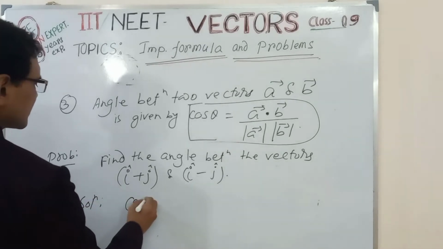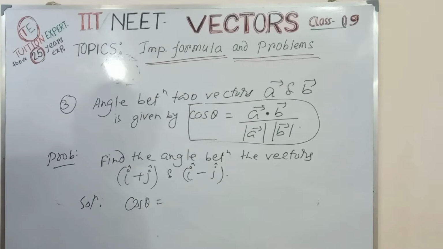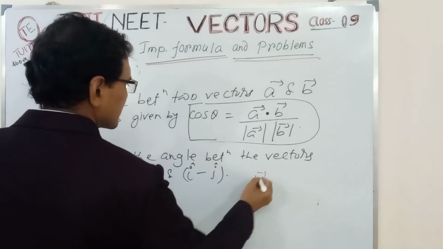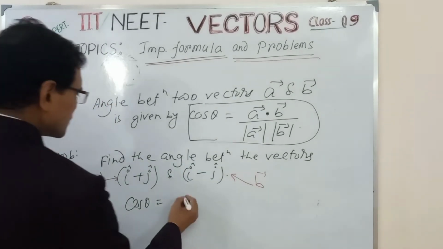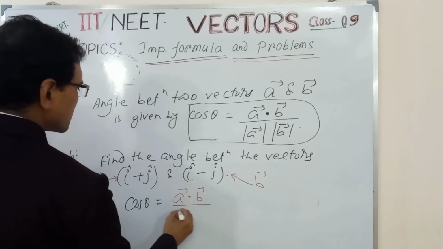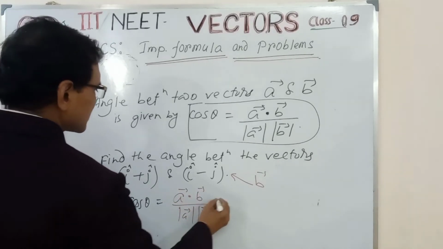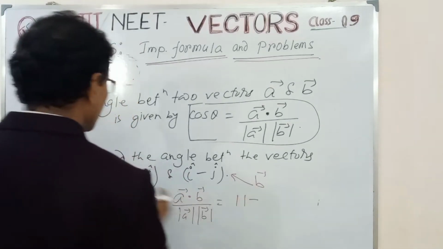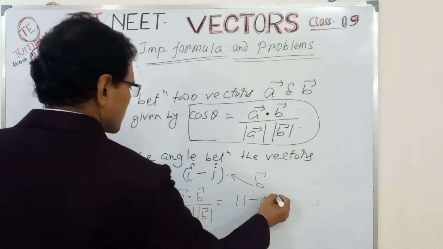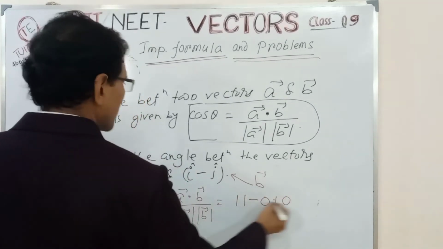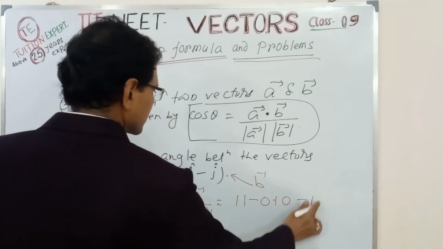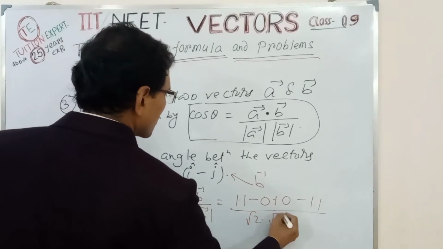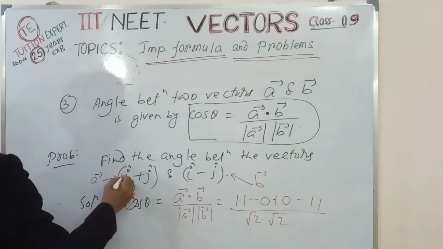So cos theta equal to, suppose this is vector A and this is vector B, A dot B by mod A mod B, which is this dot this: i dot i, 1 into 1, minus i dot j 0, plus j dot i 0, minus j dot j 1, divided by mod A equal to root 2 and mod B equal to root 1 square plus 1 square, coefficients 1, 1.